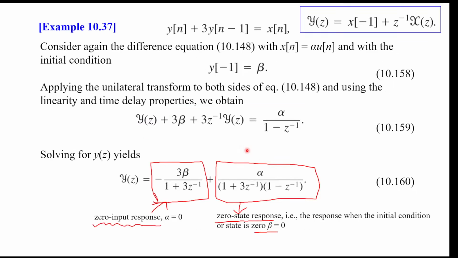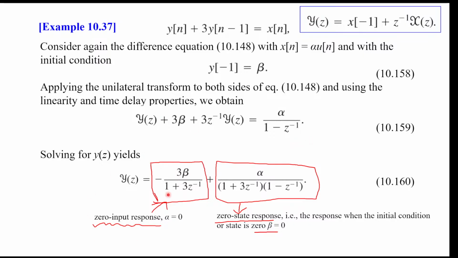For example, we have this difference equation with initial value at -1 being some beta, and then we can apply the time delay property of the unilateral z transform and get our big Y equal to -3 beta over 1 plus 3z^-1, plus alpha over 1 plus 3z^-1 times 1 minus z^-1, etc. So this is a linear combination of rational functions in terms of z^-1, where beta is the initial value and alpha is the input.